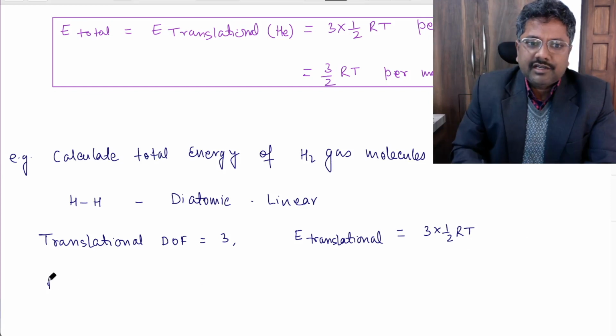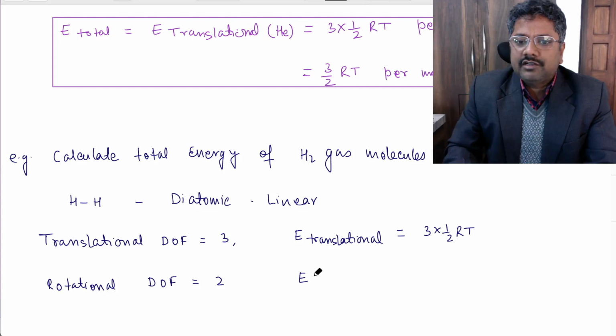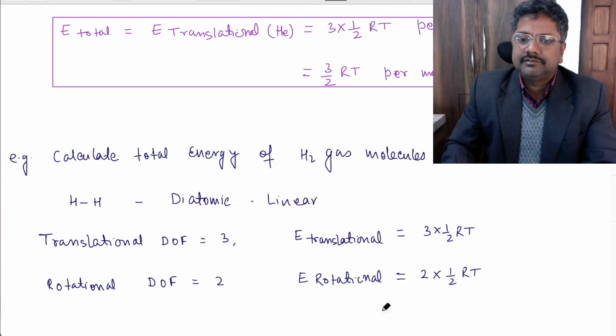Now rotational degree of freedom is equal to 2. So E rotational is equal to 2 into 1 by 2 RT, right?